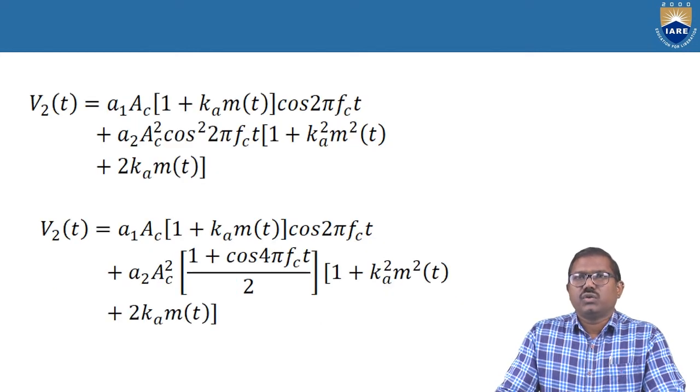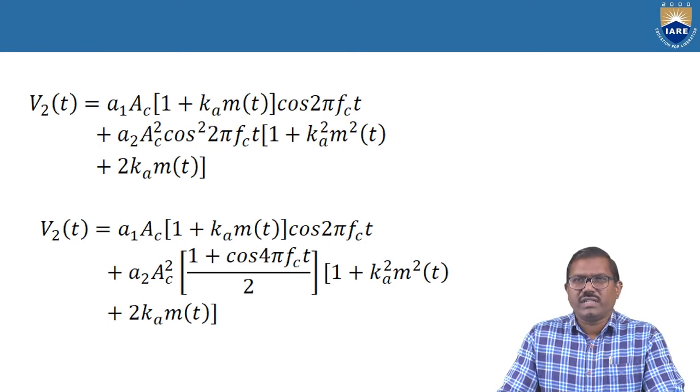Finally, you get V2 of t equal to A1 Ac of 1 plus Ka m of t cos 2 pi fct plus A2 Ac square cos square 2 pi fct of 1 plus Ka square m square of t plus 2 Ka m of t.